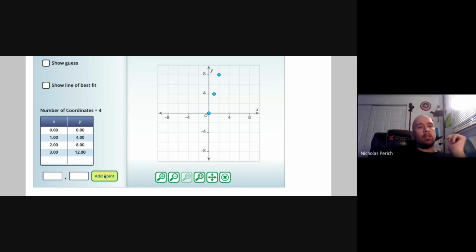Once I have my points, I click on show line of best fit. And there it is, there's my equation: y equals 4x. Don't worry about r equals 1.